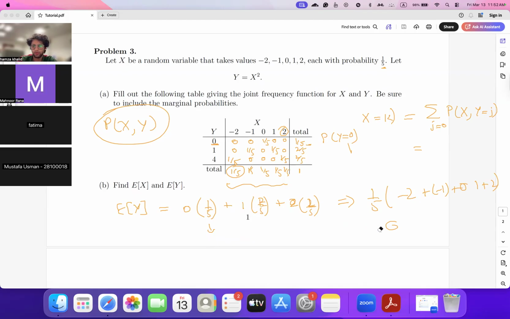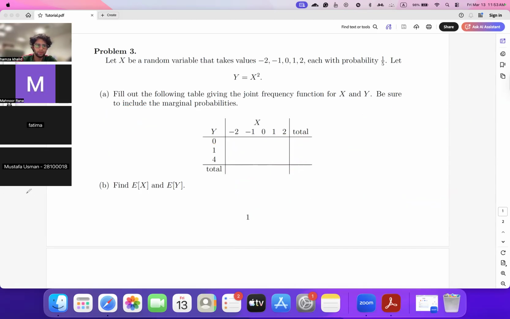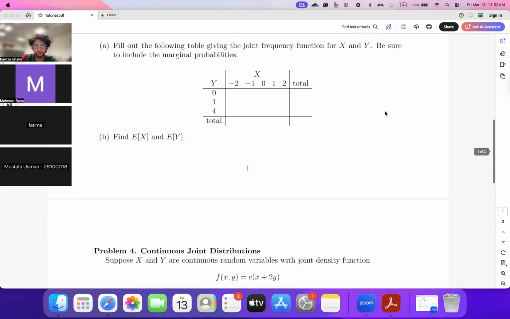Sorry, I should write 4 here. So this is 2 by 5 and this is 4, because that's the realization and respective probability. What would this be equal to? 0, 2 by 5, and then 8 by 5, which is just 2. Okay, good. Let's jump to the next question.